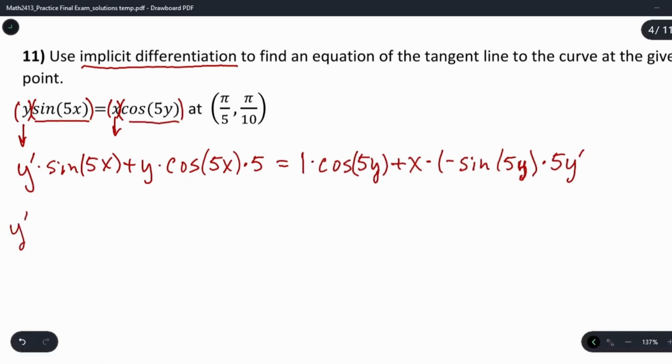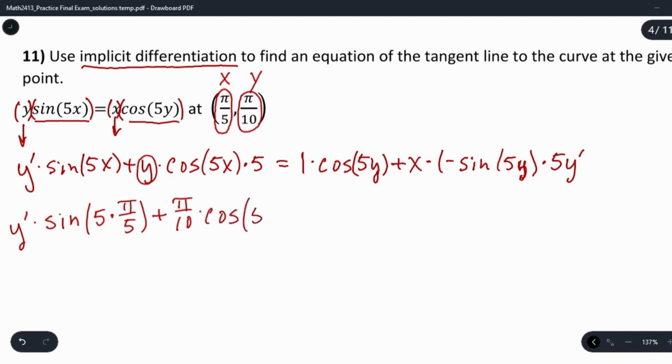All right, so that'll give us y prime times sine of 5 times x, where x is pi over 5, plus y, we have a y, that is pi over 10, times the cosine of 5 times x times 5.